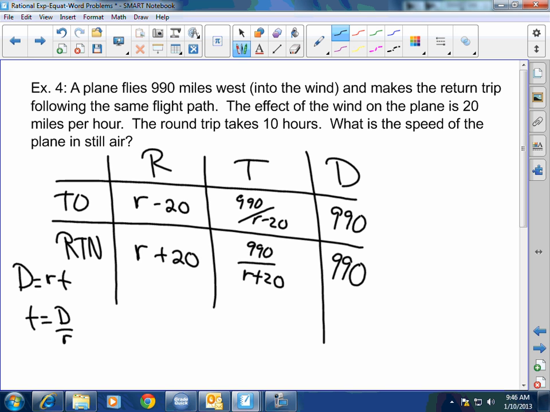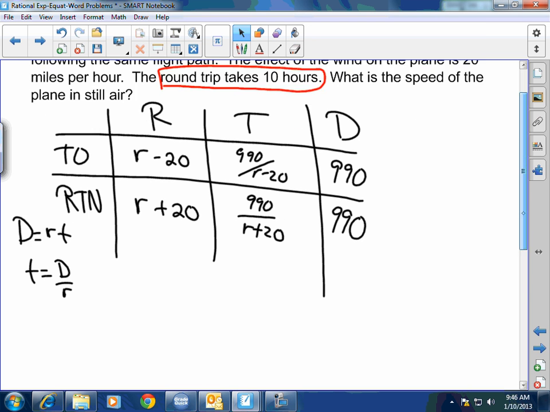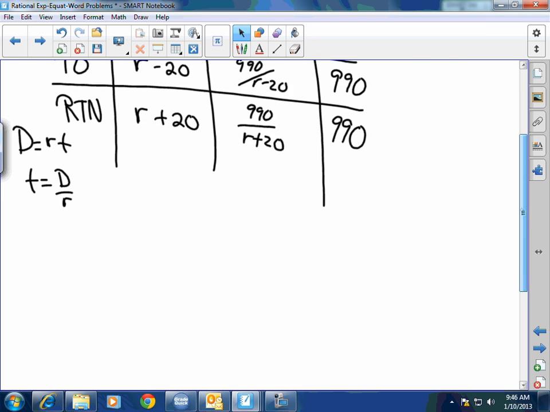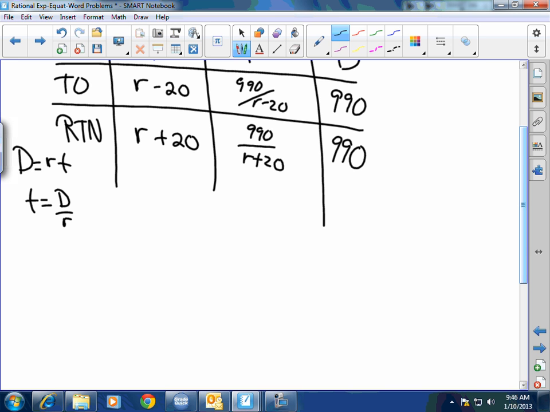Now, they tell us that the round trip took 10 hours. So being that the round trip took 10 hours, I know that the to time plus the return time had to equal 10 hours.